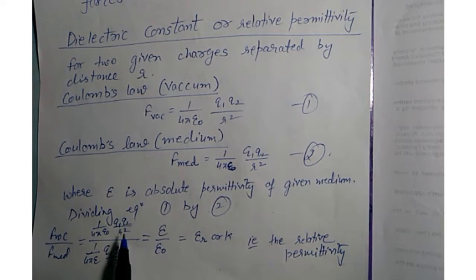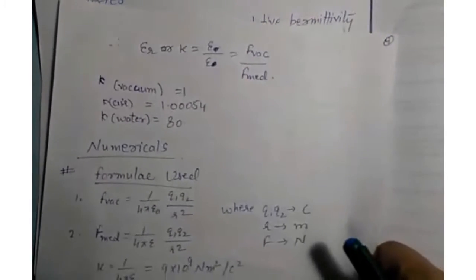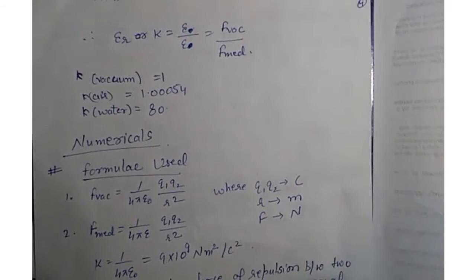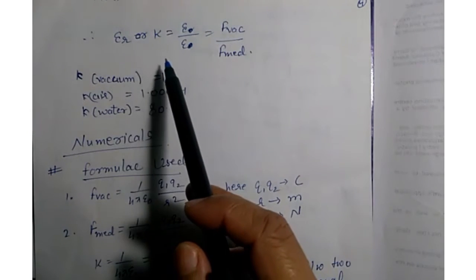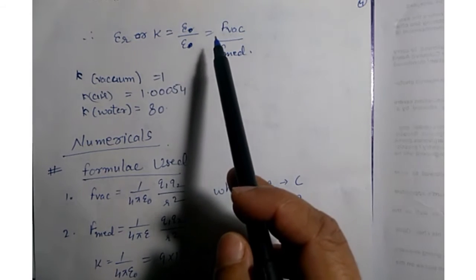The common quantities will cancel out and we have F vacuum upon F medium is equal to epsilon upon epsilon naught, that is epsilon r or k, which is known as the relative permittivity. So this relative permittivity epsilon r is equal to k and is equal to epsilon upon epsilon naught.